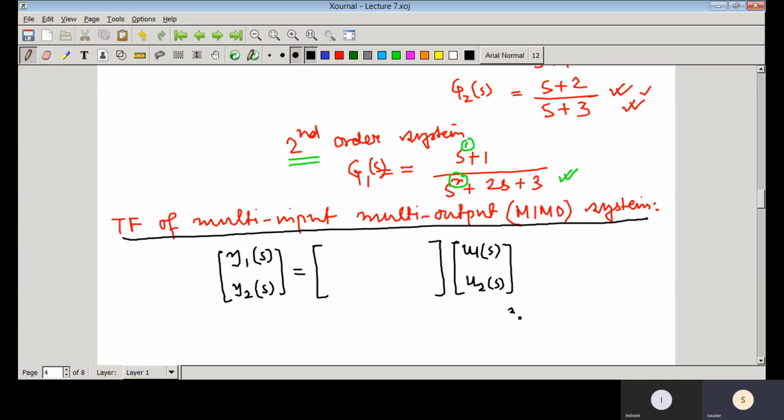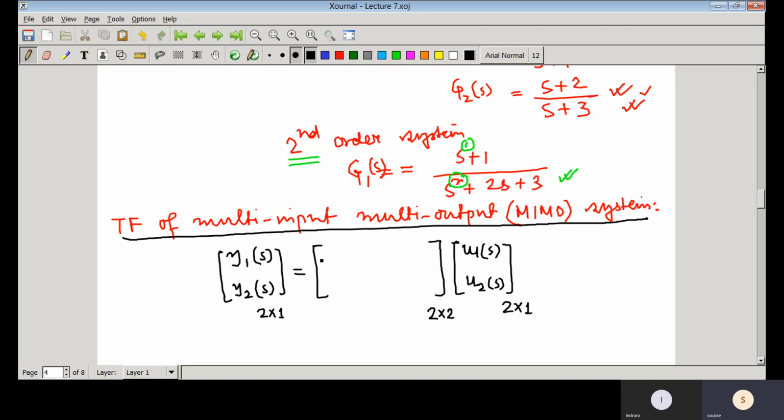Then the input vector is 3 cross 1 and the output vector is 2 cross 1, so the dimension of the transfer function matrix would be 2 cross 3. But in this particular example, just for better understanding, I am taking the simple case of two inputs and 2 outputs.